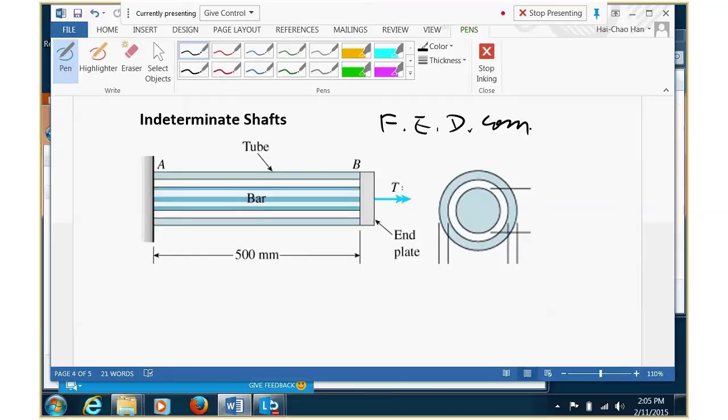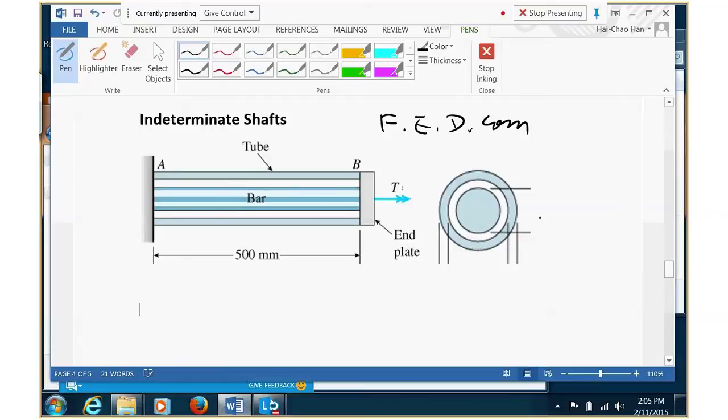One is a rigid cylinder, a mandrel inside. Another is a shell, a cylinder outside. So these two can be different materials and different dimensions, of course. And if you cut the cross section, that's what it looks like here on the right. You see the cross section view.